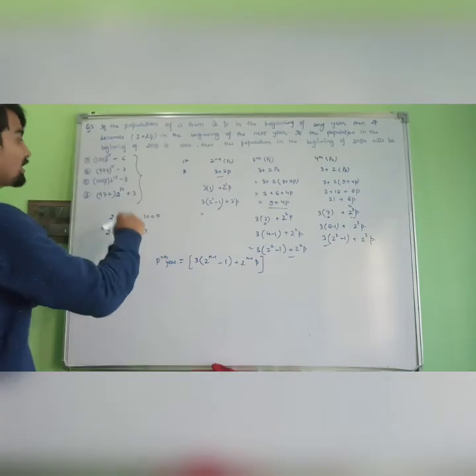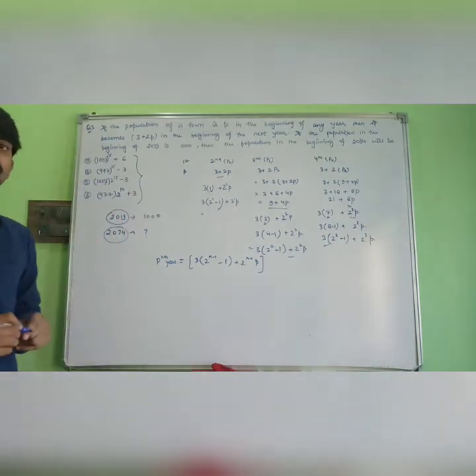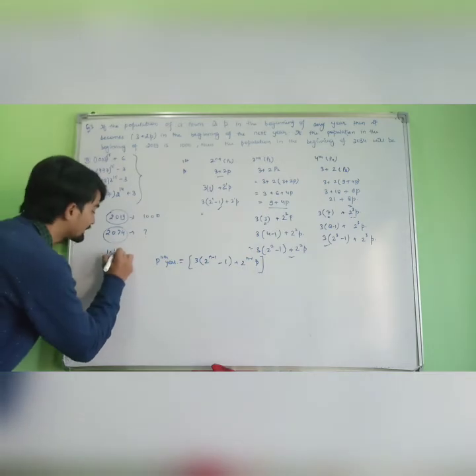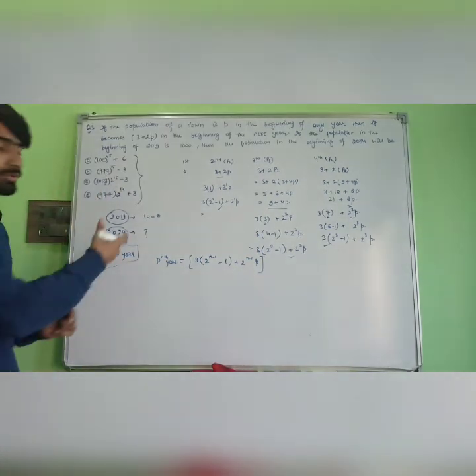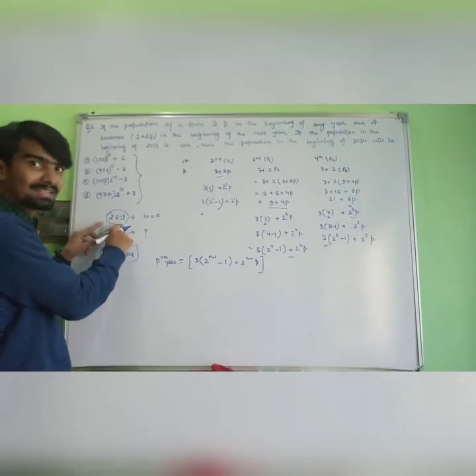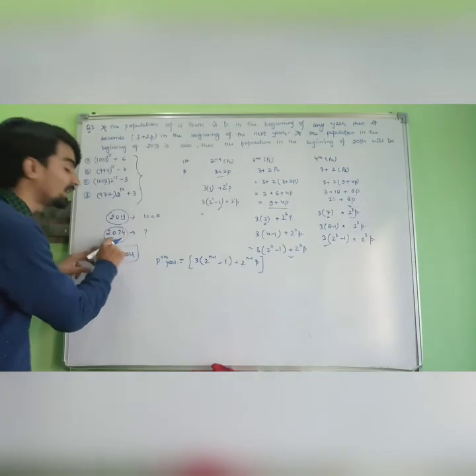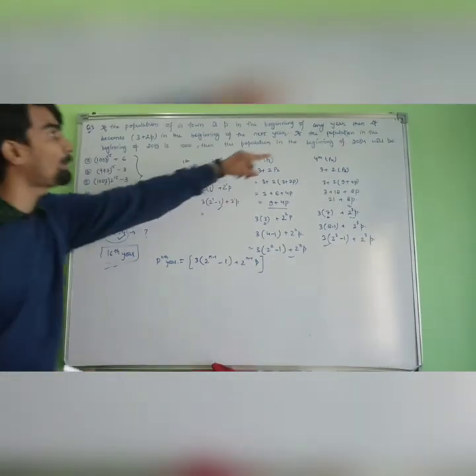If we consider 2019 as the first year, 2034 will be the 16th year. So for this year we have to calculate the population.